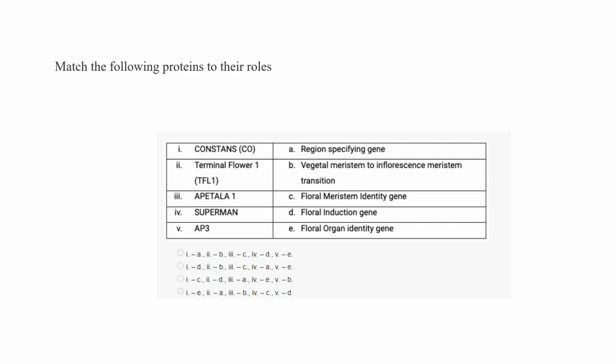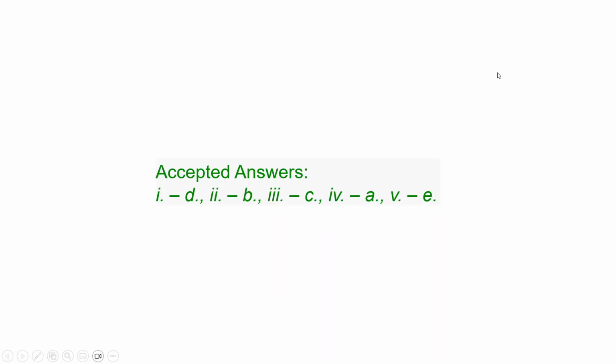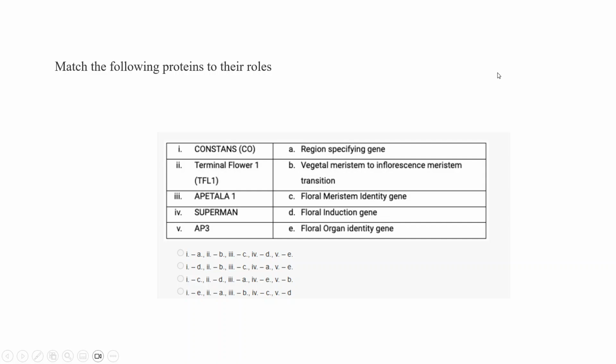That means it induces flowering. So according to this, which one matches with this given information? Floral induction gene is an option, so it matches with the D option. So we can say that one matches with D.